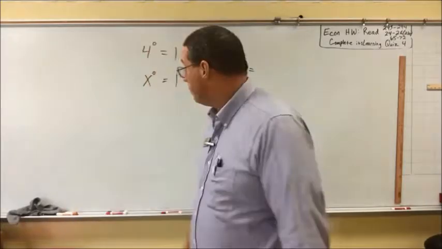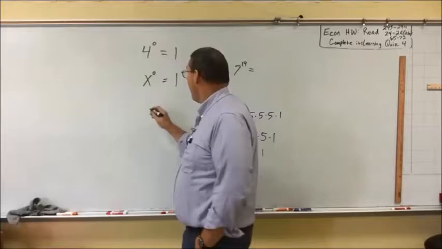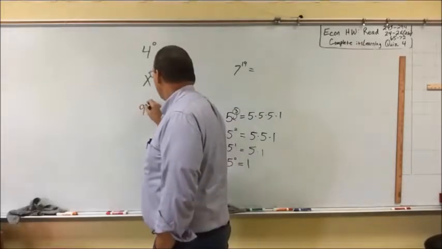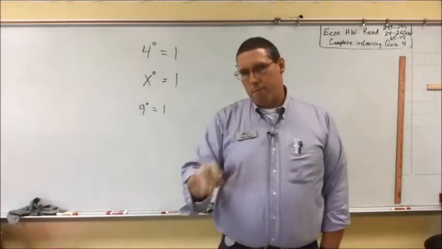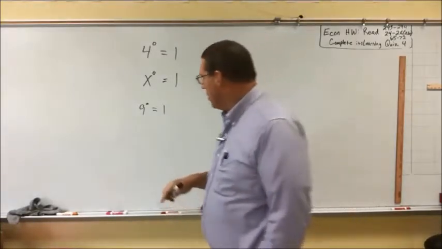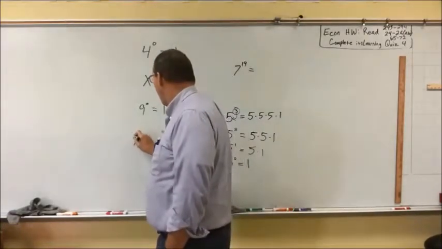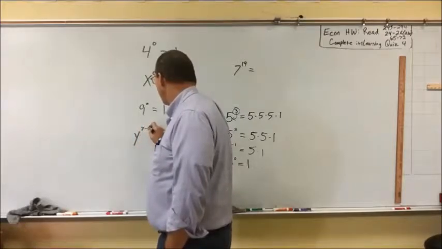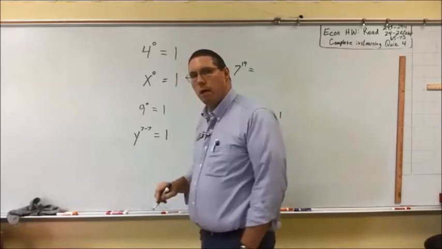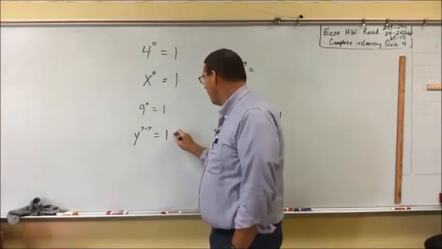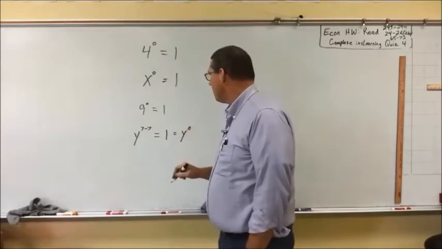Okay? So, that means that 9 to the 0 power is also 1. But let me show you what else it means. What if you had y to the 7 minus 7 power? Wouldn't that equal 1? Because that would be the same thing as y to the 0 power.